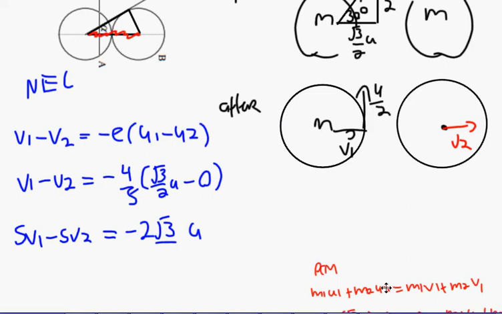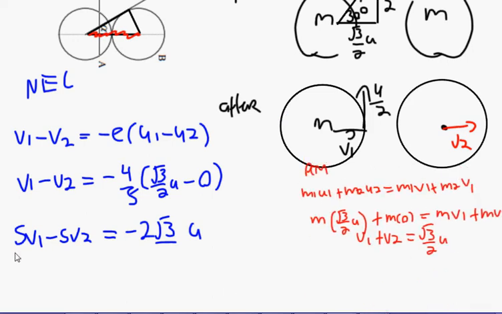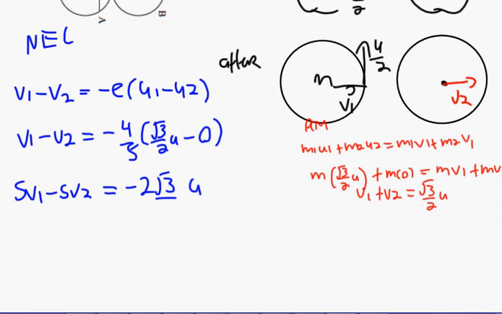Now, what I'm going to do next, guys, is combine this red equation here. Going to multiply the red equation by 5. Oh, wait a second. Don't necessarily want that either. I'm going to get rid of the fraction, so I'm going to call that 2V1 plus 2V2 equals root 3 U. Everybody alright with that?